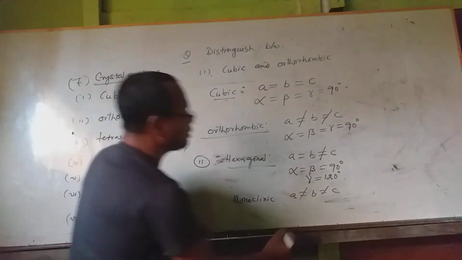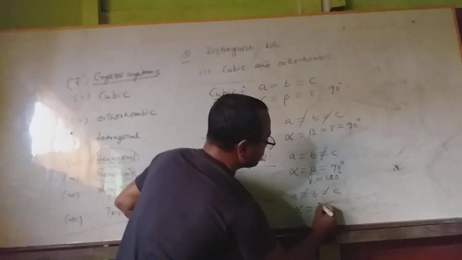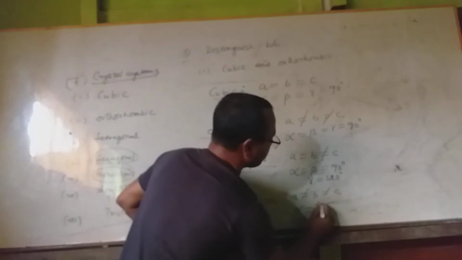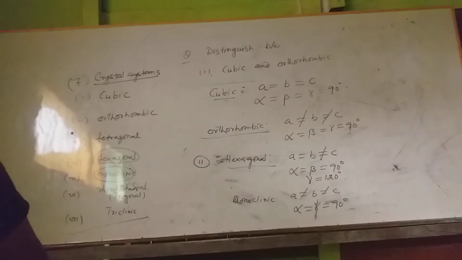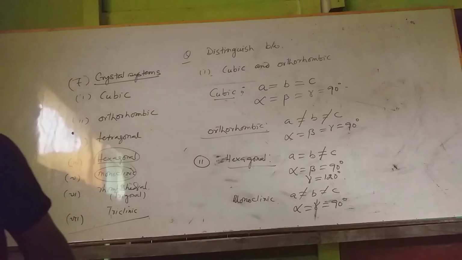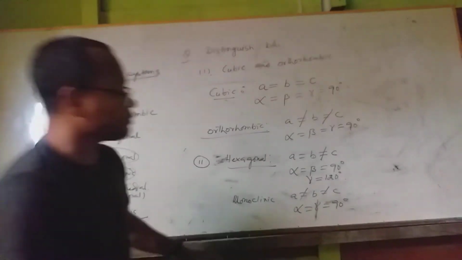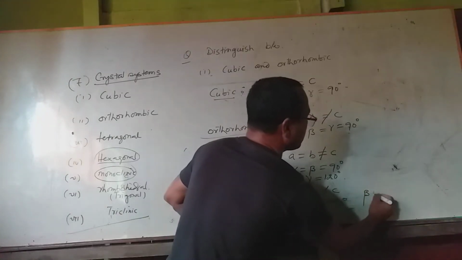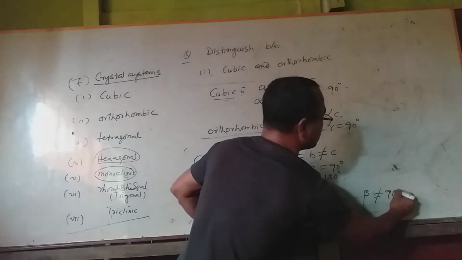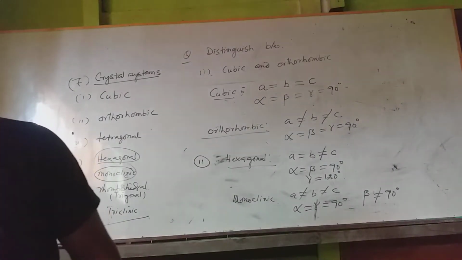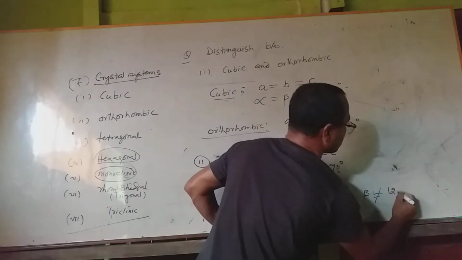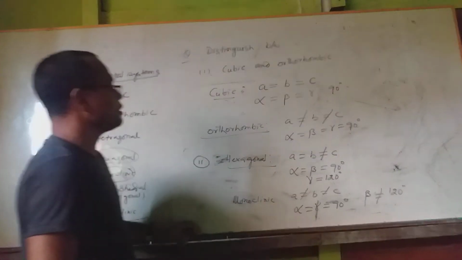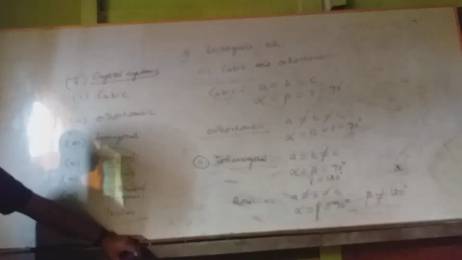Here alpha is equal to gamma, and gamma is equal to 90 degrees. Now the angle beta is not 90 degrees, it is 120 degrees. So this is the difference between the hexagonal and the monoclinic.